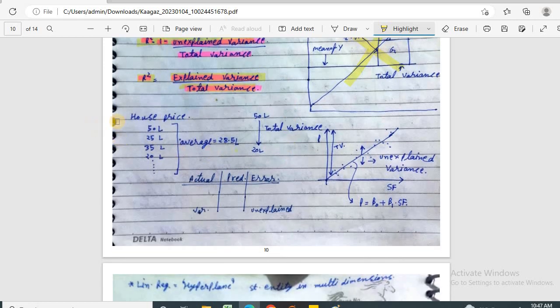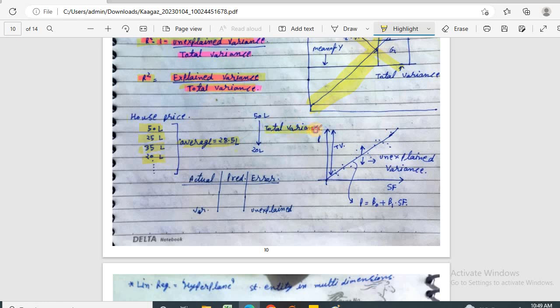Now the thing is, we have house prices, that is 50 lakhs, 25 lakhs, 35 lakhs and 20 lakhs. If we take the average of all, it comes to 28.5 lakhs. But why is there so much variation, like one house has a 50 lakh price and another has 20 lakhs?